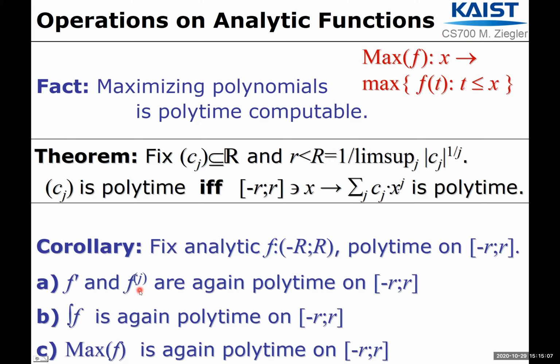And these nice closure properties, namely the first and any fixed derivative of a polynomial time computable analytic function is again polynomial time computable on the same domain. The opposite of derivatives is antiderivative, is indefinite integration, also again polynomial time computable. And the third property is that parametric maximization is also again polynomial time computable.